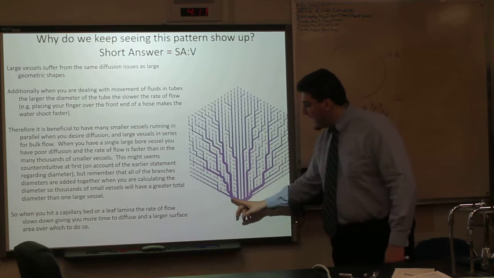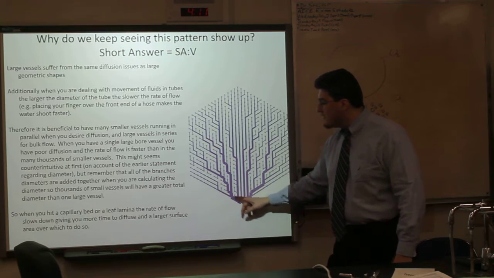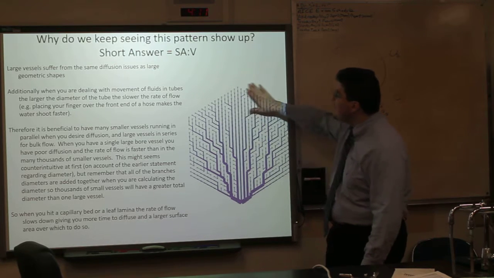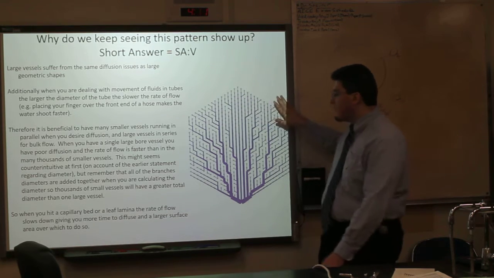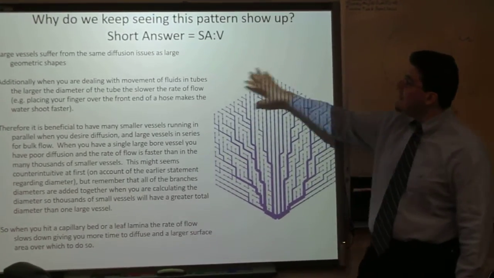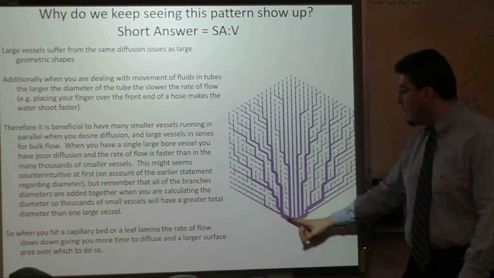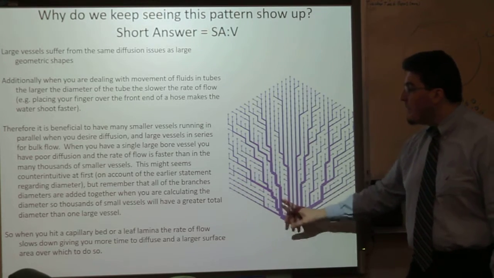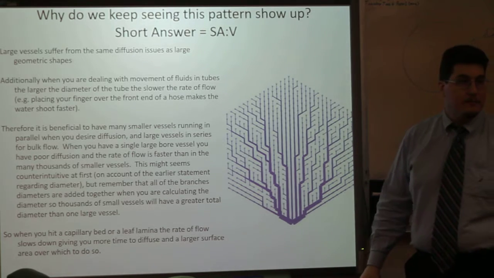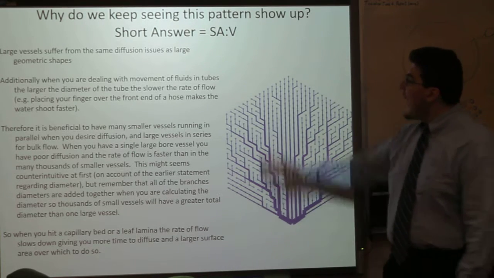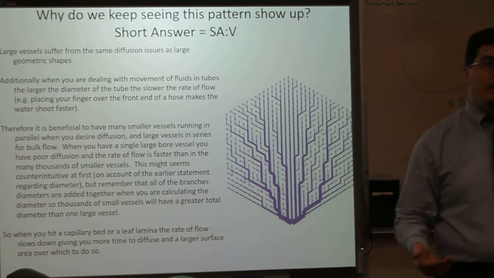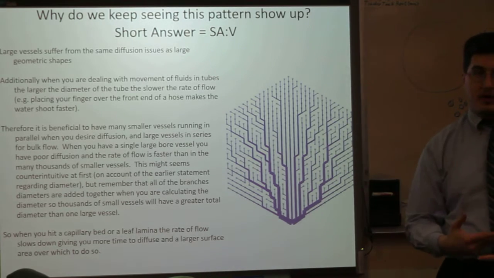So you have the same flow through these large vessels here as you have through all of these individual small vessels here. The total cross-sectional area is greater, but the flow through these vessels must be the same as all of these endpoints, because out the other end, the outcome has to be the same. You have to get out what you put in.